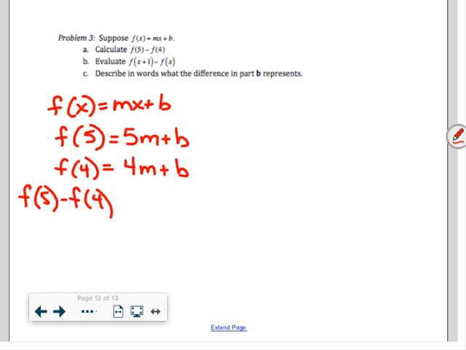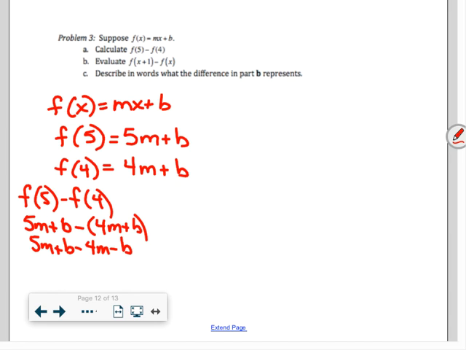So what I'm asking you to do now is to take f of 5 minus f of 4. You need to be careful because f of 4 is a sum, and I'm going to have to distribute the minus sign. So 5m plus b minus 4m minus b, what does that equal?